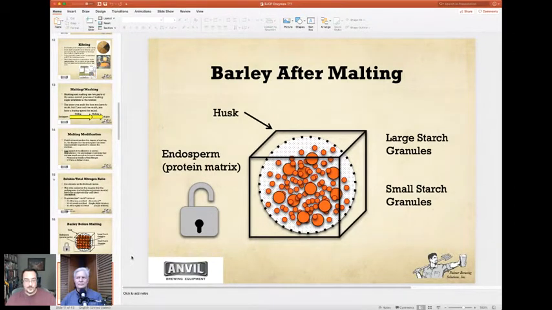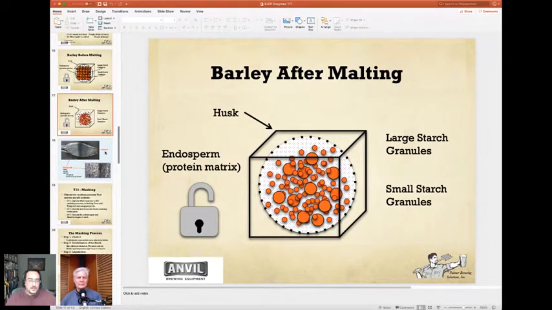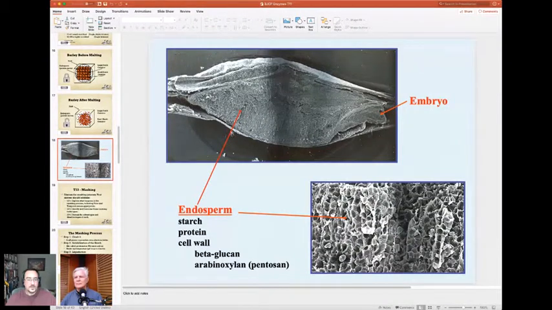So here's a diagram that describes pictorially what's going on. If you imagine this box and sphere as being the barley kernel, the cube on the outside is the husk. Inside, you have the endosperm that is the sphere, and it's a very ordered and rigid matrix composed of both large starch granules and small starch granules.